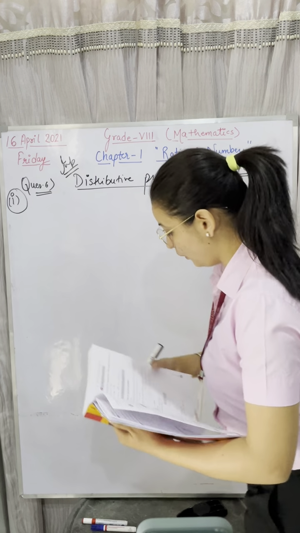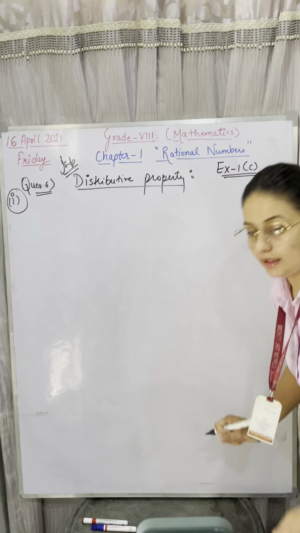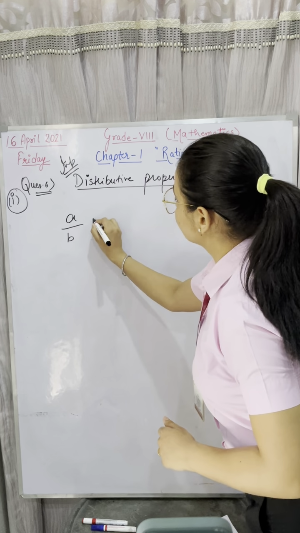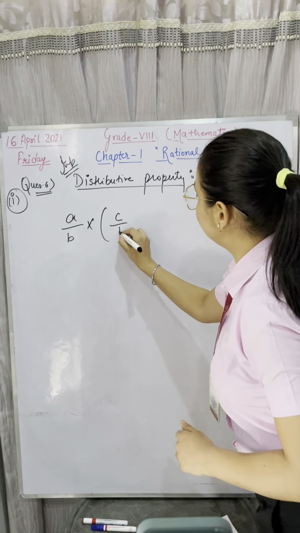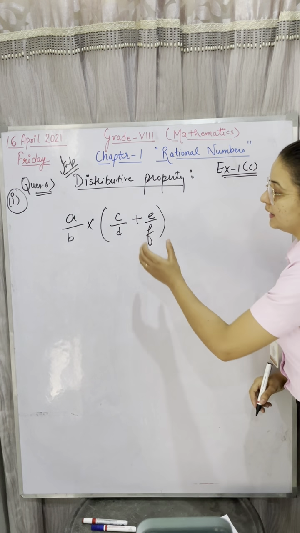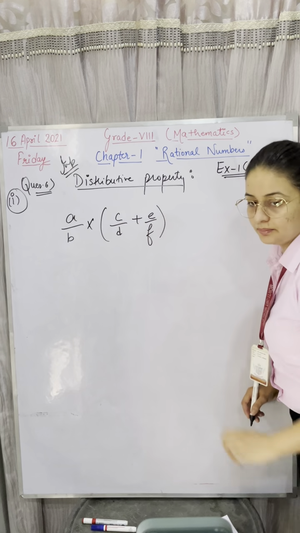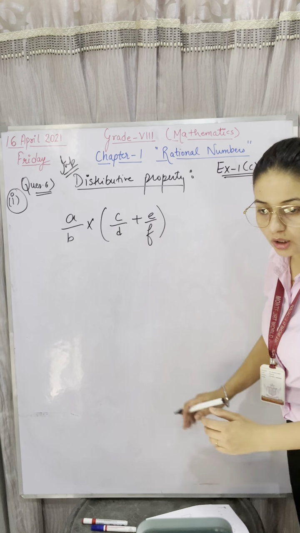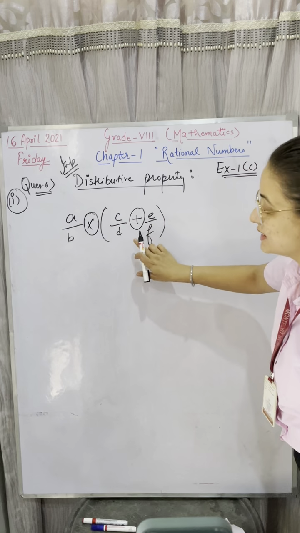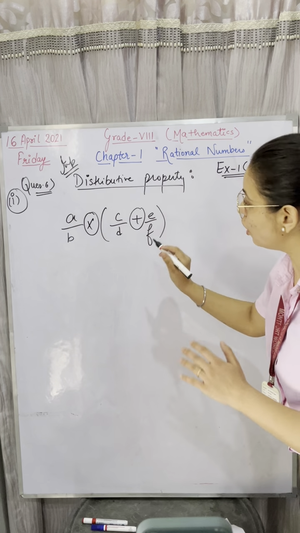What was the property? The property was A divided by B multiplied by C upon D plus E upon F. In the distributive property, we always have two signs: one is multiplication and one is addition or subtraction. So how to open the bracket?